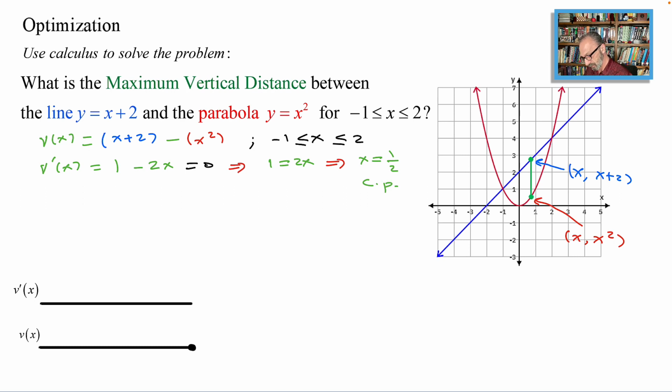Going down to the line at the bottom side, v prime of x at this point, which is 1/2, our critical point, is 0.